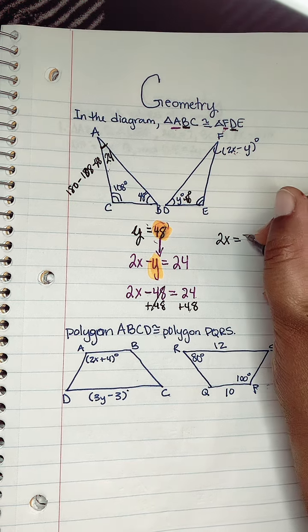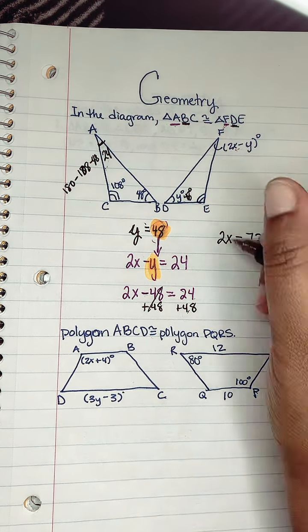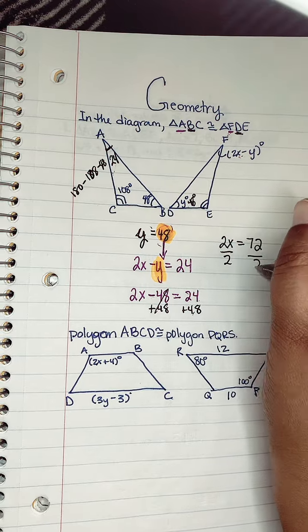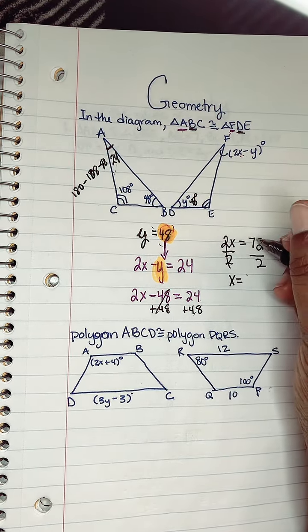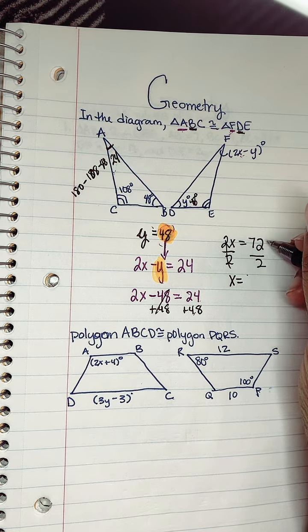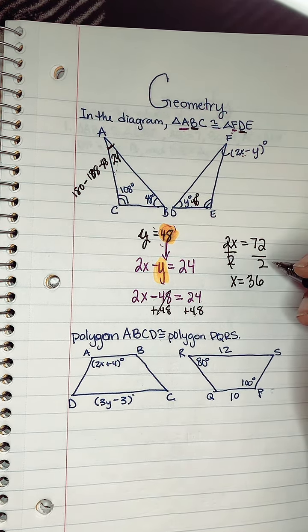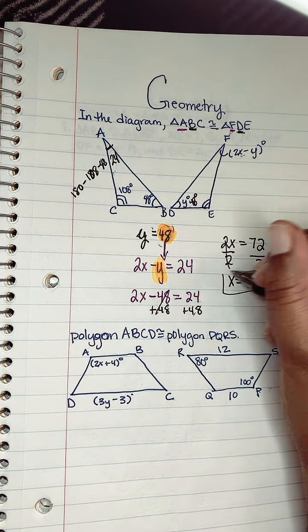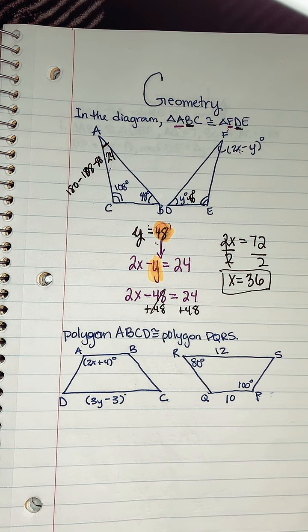I'm getting a 72. Good. You guys getting 72 as well? Perfect. And then we're going to divide both sides by 2. And x equals, half of 70 is 35. Half of 2 is 1. So that'd be 36. Good. So we got 36 there.